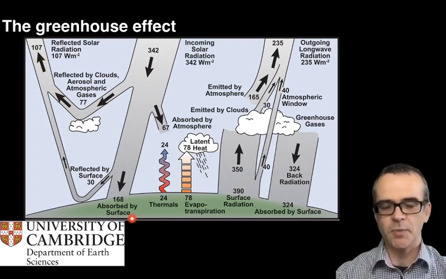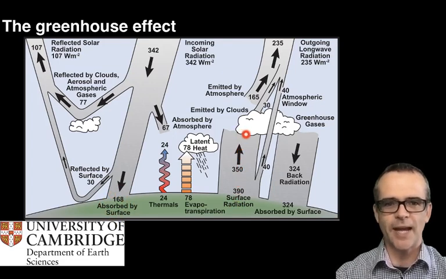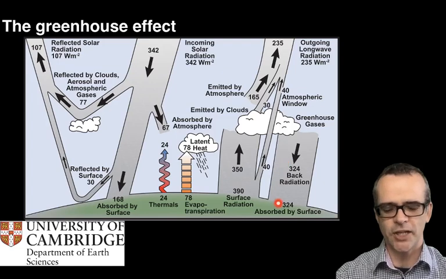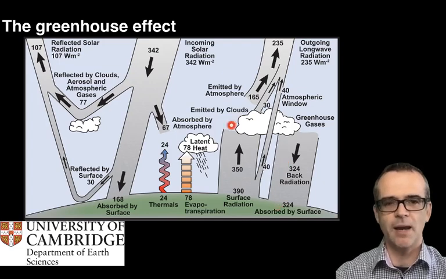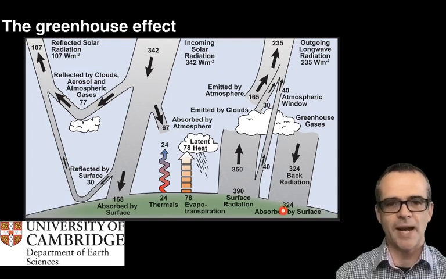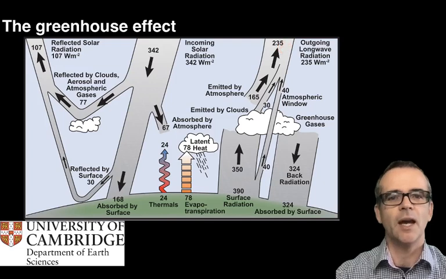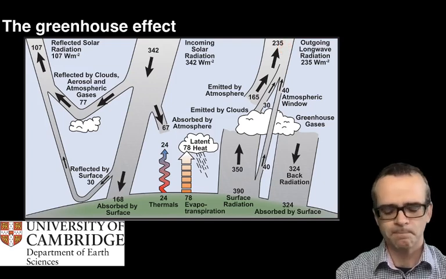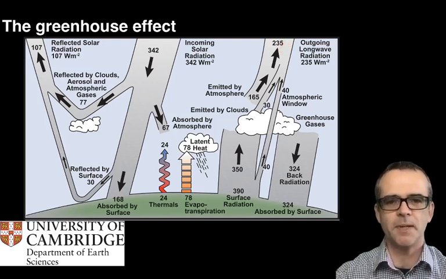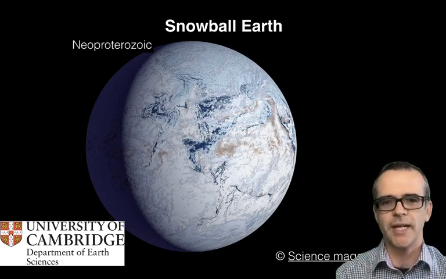Now, of that energy which is absorbed by the surface, a significant amount gets re-emitted at longer wavelength, but that longer wavelength radiation gets reflected back because of greenhouse gases and comes back as back radiation in all directions, some of it escaping from the clouds. And so that greenhouse effect must have been more intense in the planetary past.